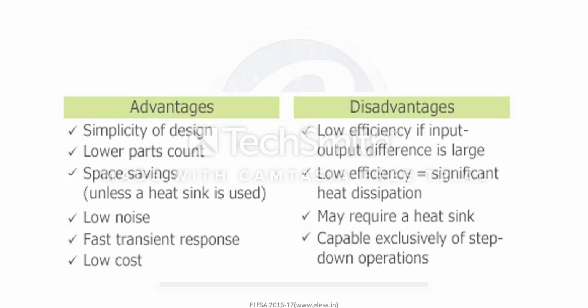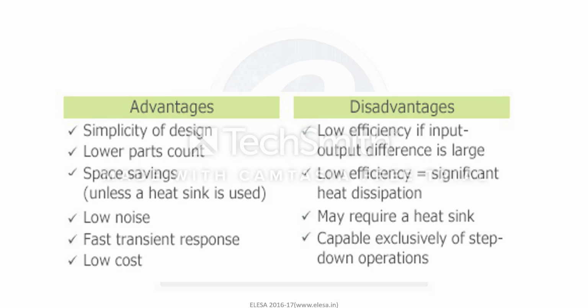The disadvantages are they may require a heatsink due to heating of the transistor. Their efficiency is low if the input output difference is more, that is, they are used where we require output voltage nearly equal to input voltage.